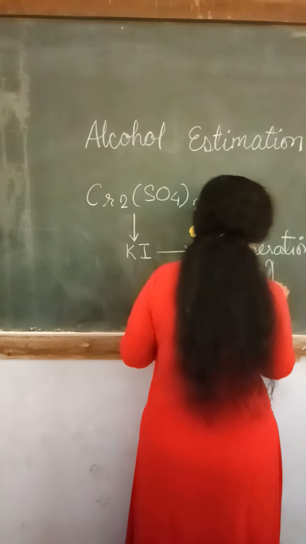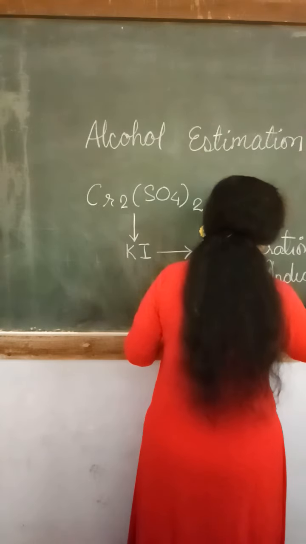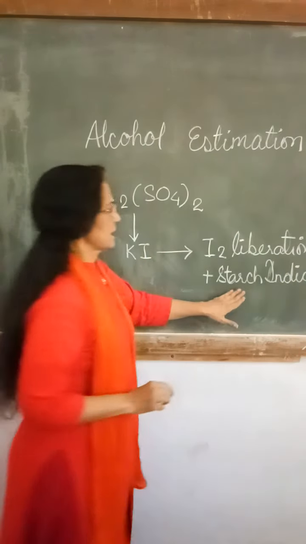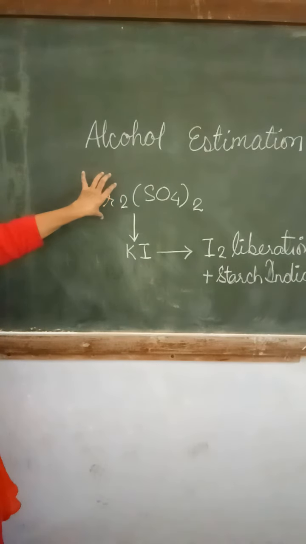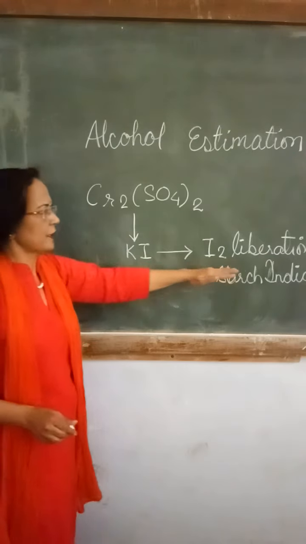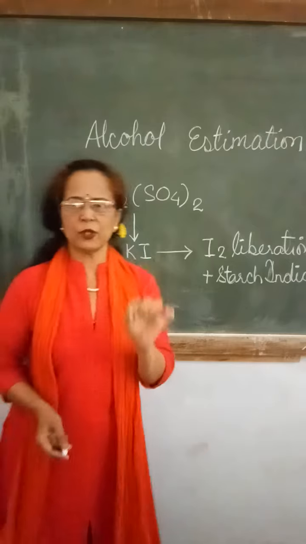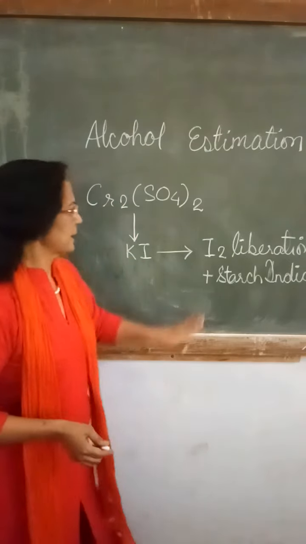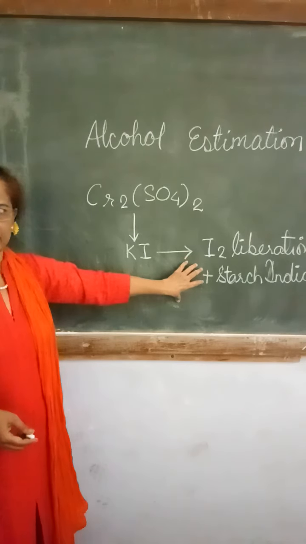Starch is here as the indicator. So this third end product reacts with KI and iodine gets liberated, and then after you add 1 or 2 drops of the starch solution, this solution will become dark blue in color.